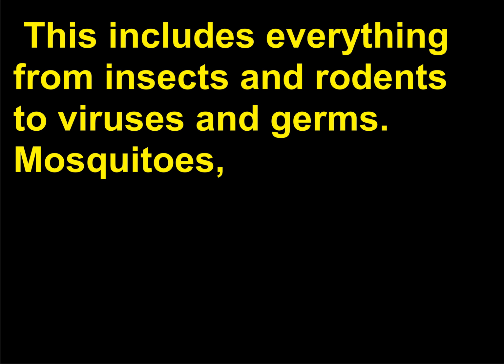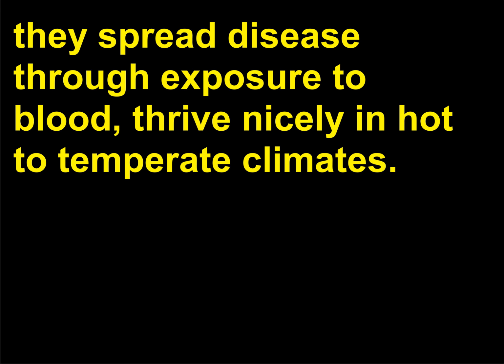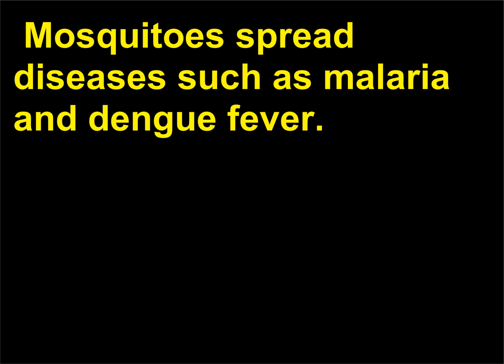Mosquitoes, which are responsible for killing more human beings than any other animal on the planet because they spread disease through exposure to blood, thrive nicely in hot to temperate climates. Their breeding cycles become shorter, which allows them to reproduce more frequently each year. Mosquitoes spread diseases such as malaria and dengue fever.